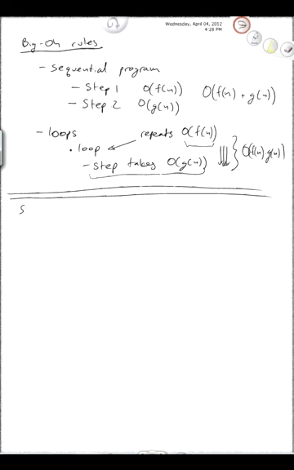But we also have some simplification rules. These rules help us take a big O expression and turn it into something more manageable and understandable. And there's really only 3 of these rules. So the first rule is that constant multiples disappear.